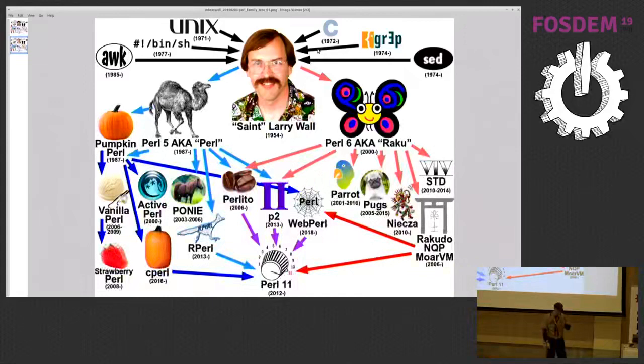P2, not as far along as Perl 11, or most of the other projects on here, but still worth mentioning. This is Rainy Urban, one of the co-founders of Perl 11, with myself and Ingi.net. And this is based off of a small VM called Potion by Why the Lucky Stiff. And Why has disappeared, but his VM is still around.